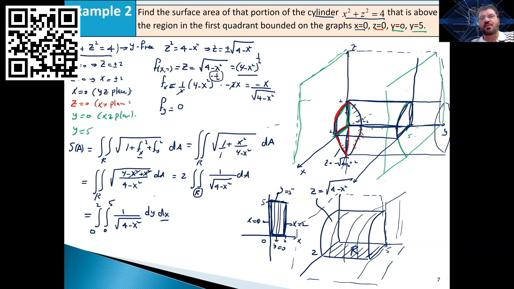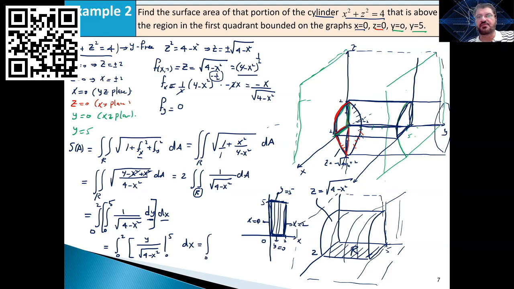Now what do we do? We start the integration from inside. Don't forget we are integrating with respect to y. So this is all constant. So what's the answer here? Integration from 0 to 2. Open the box again. We only integrate dy, which is y. So y over the square root of 4 minus x squared, and this is from 0 to 5, dx. Put the 5.